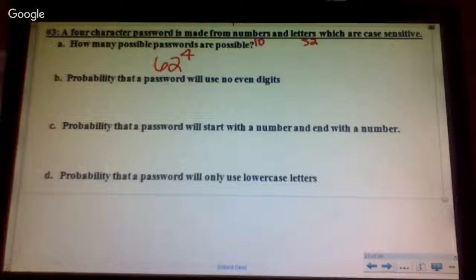If I take 5 away from 62, I have 57 options. I'm filling in 4, so 57 to the 4th divided by 62 to the 4th. That's much easier to type in. 0.714, we'll stop there.